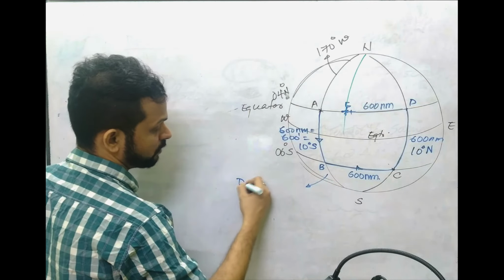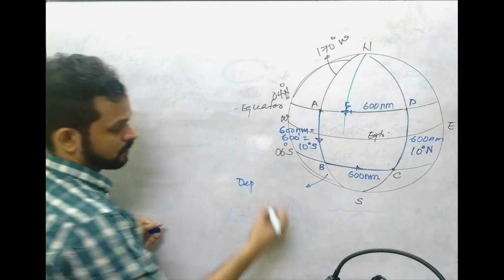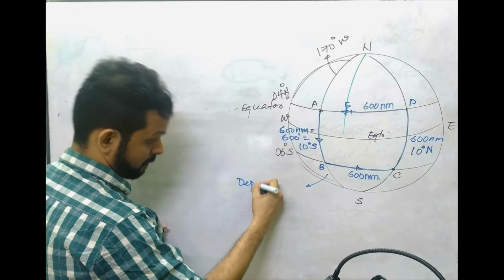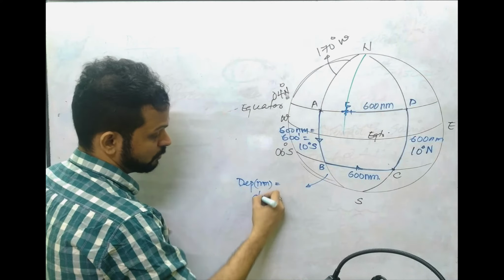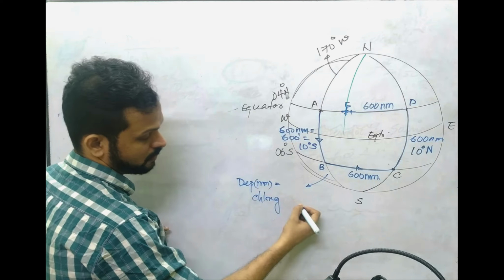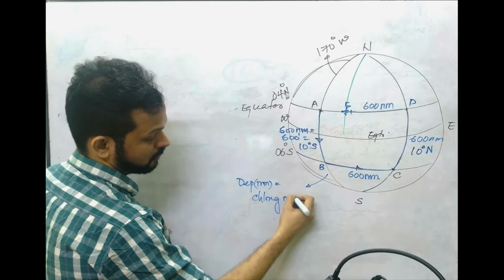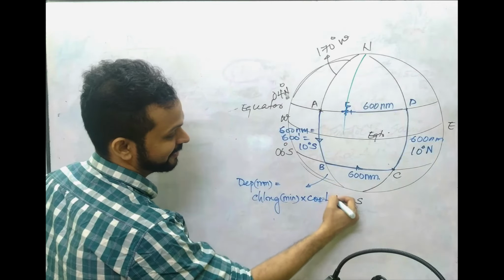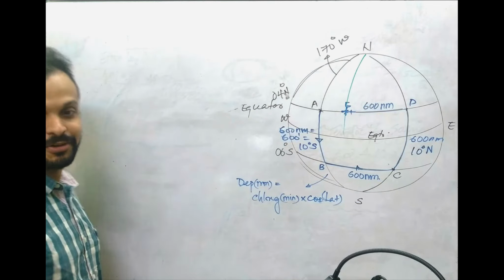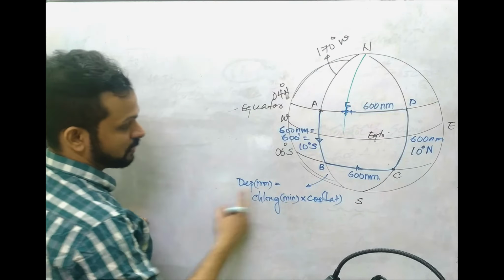What is the departure equation? Departure in nautical miles, it's always in nautical miles, is equal to change in longitude in minutes multiplied by cos of a particular parallel of latitude. Perfect. Now what's the departure?